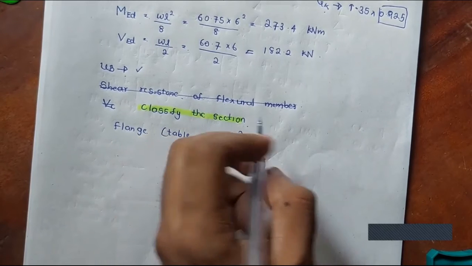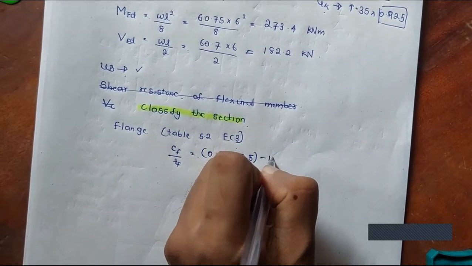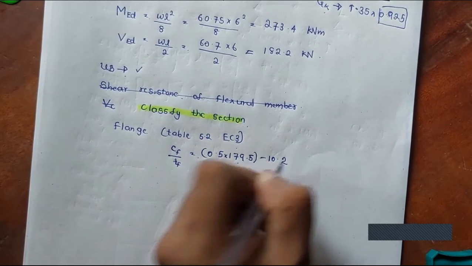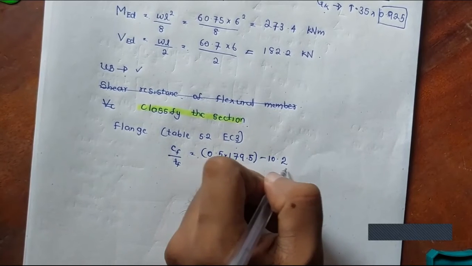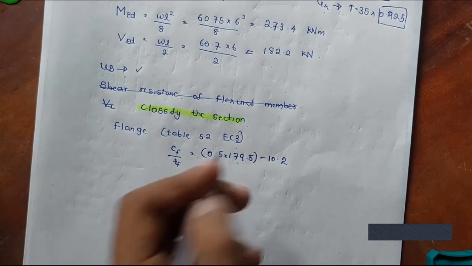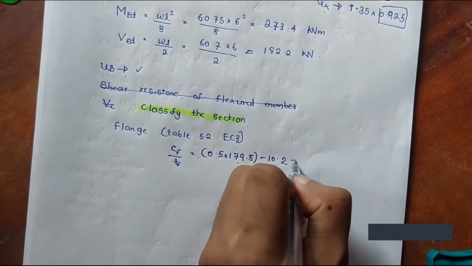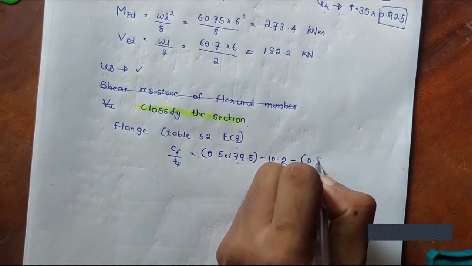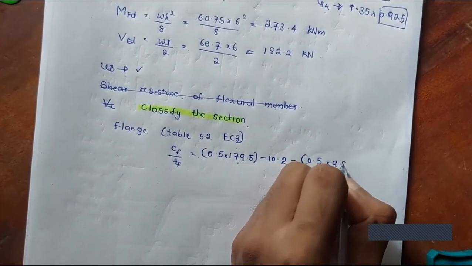The flange width minus 10.2, it's the root radius, right? So this equation is there, you can check that. Root radius minus 5 into 9.5.